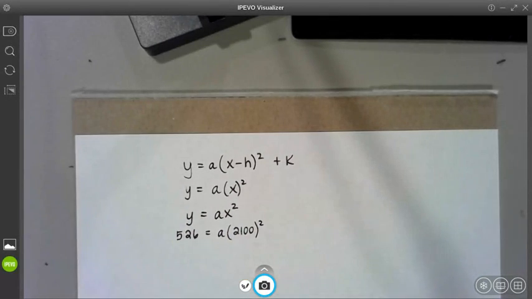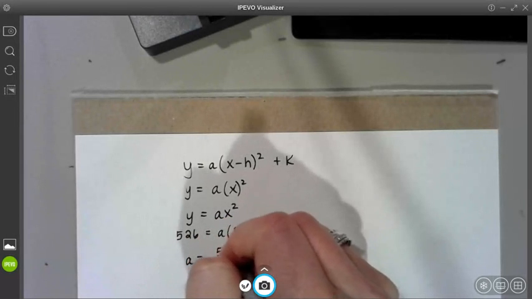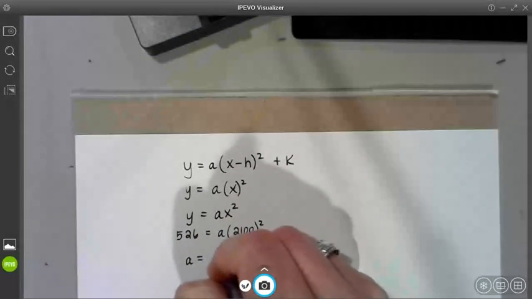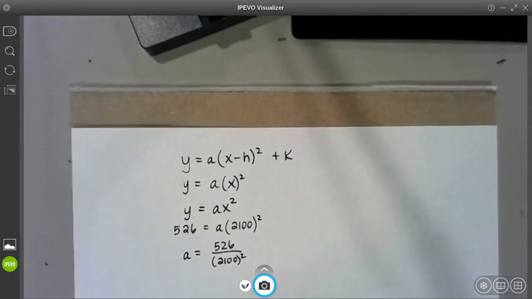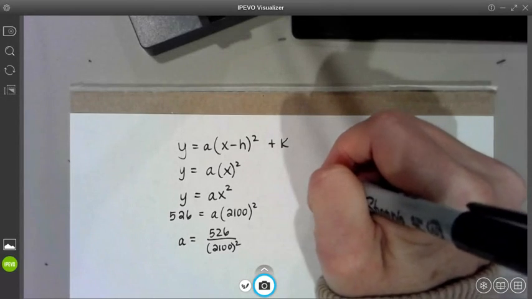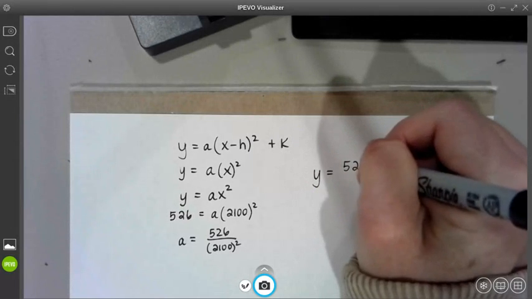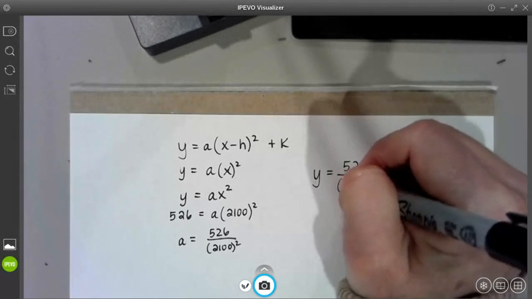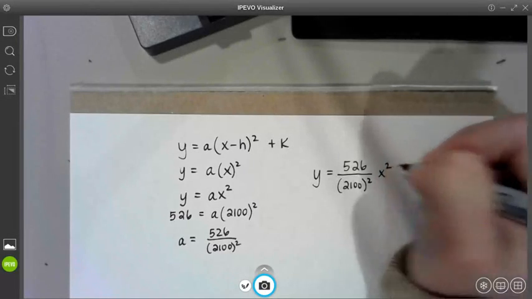Well, divide by 2,100 squared, and you find out that a is equal to 526 divided by 2,100 squared, which is a pretty big number. So I'm going to leave it as that, 2,100 squared. So now the equation becomes y equals 526 divided by 2,100 squared times x squared.